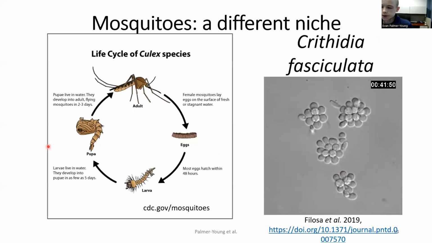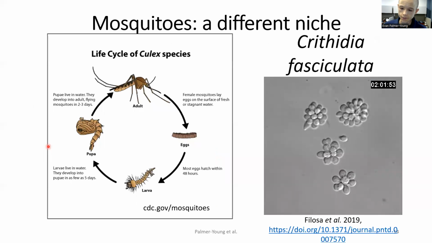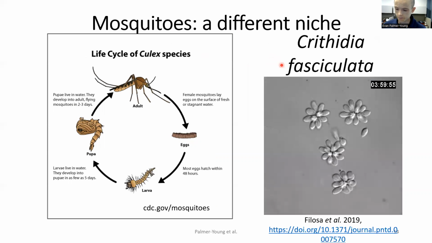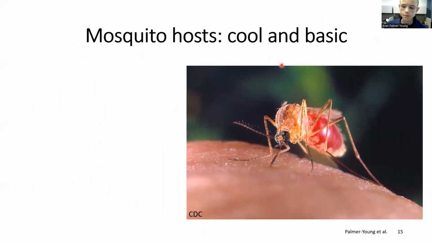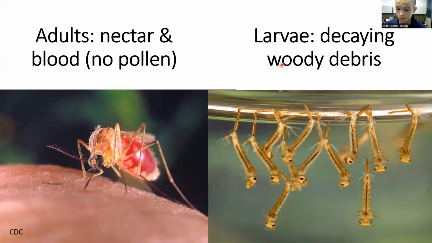Besides bees, another insect host of trypanosomatids is the mosquito. Their parasite, Crithidia fasciculata, establishes in a niche quite different from that of the bee parasites. In contrast to honeybees, mosquitoes do not maintain high colony temperatures, and their guts are basic rather than acidic.